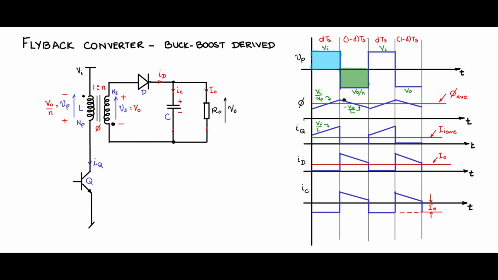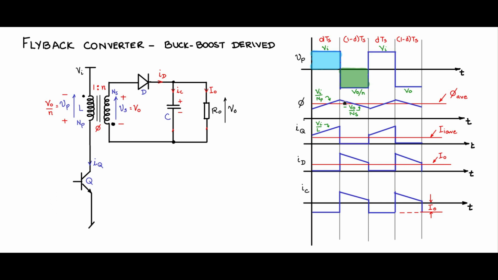In the flux waveform it will be V naught by Ns, because V naught is coming directly across Ns. V naught by Ns will be the downward rate of the flux waveform. IQ is 0, Q is off, and ID is the current through the diode.